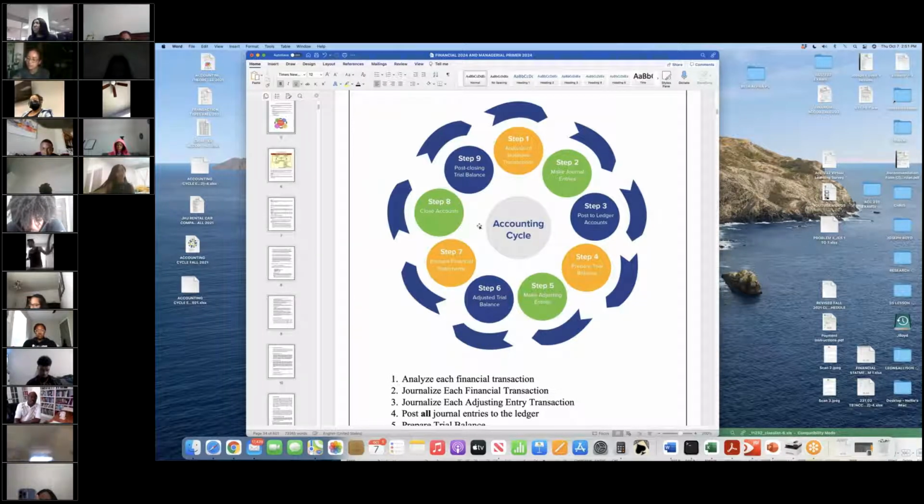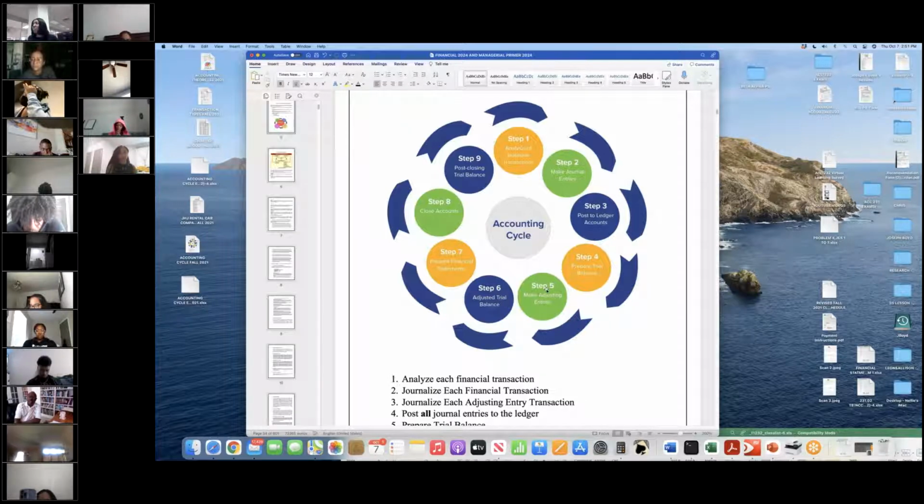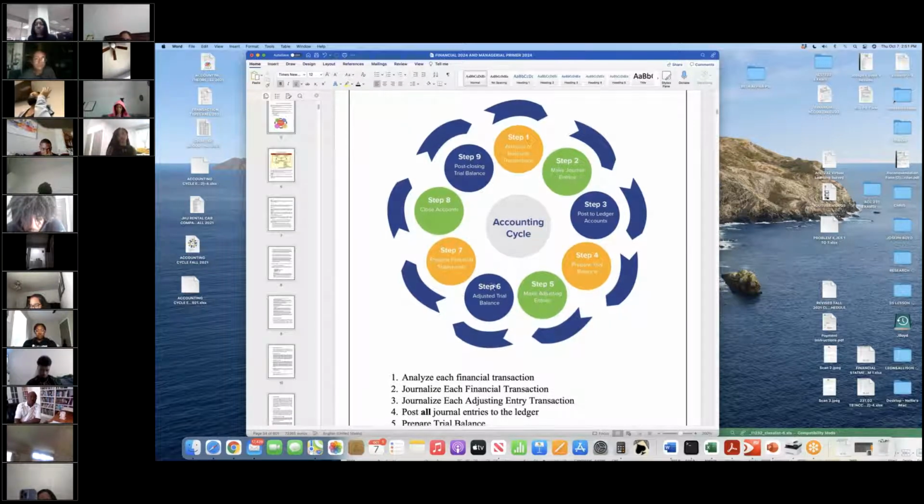And then we prepare this. So once we get a trial balance, 7 and 8 remain the same. We just have to put some more journal entries in here that we have not talked about. So let's see what we get.